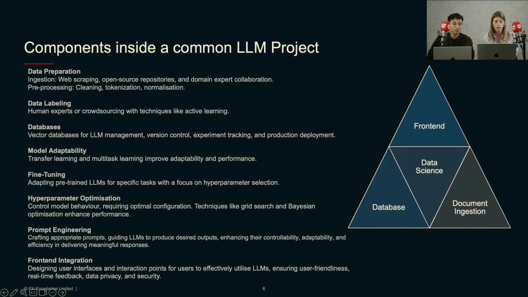Fine-tuning adapts pre-trained large language models for specific tasks, with a focus on hyperparameter selection. We have hyperparameter optimization, so controlling the model behavior, requiring optimal configurations. Techniques like grid search and Bayesian optimization enhance those performances.